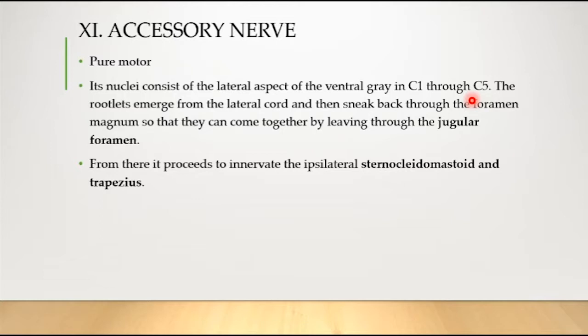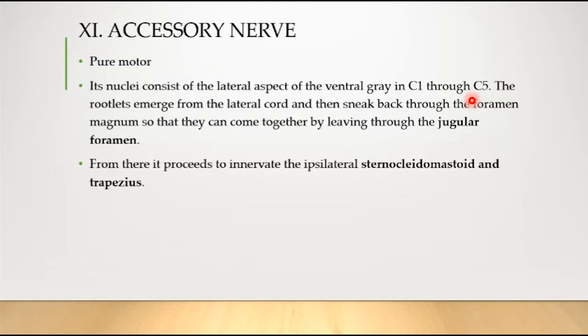The roots are actually spinal, but they are just joyriding on the nerve, and they are not originating from the brainstem as such. So there are two components to the nerve. There is the cranial, which is actually involved in this, but you can't tease them out. So when you're examining the throat and speech, you're actually examining 9, 10, 11 together, because you can't really tease them out in terms of motor function.